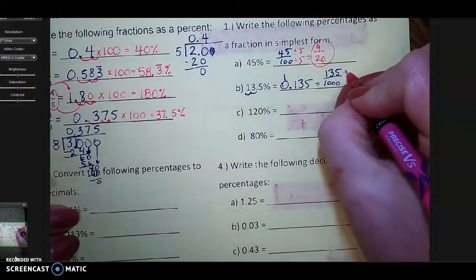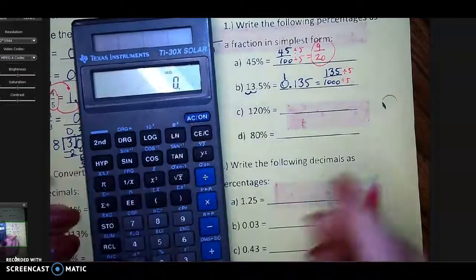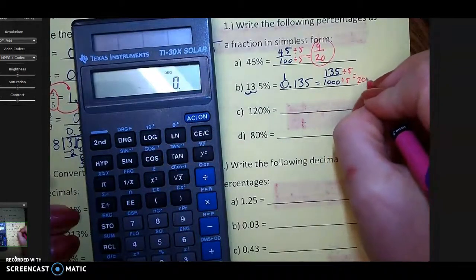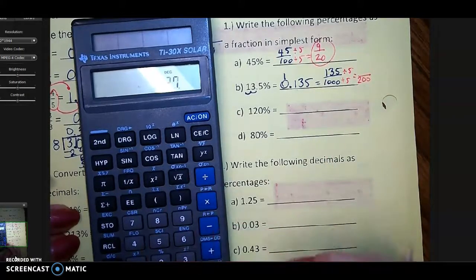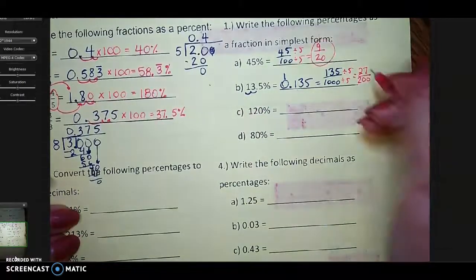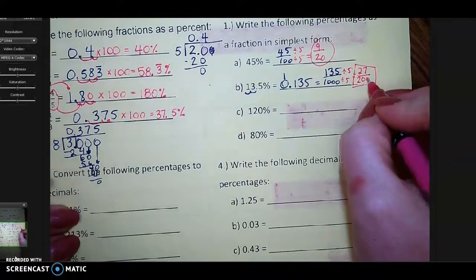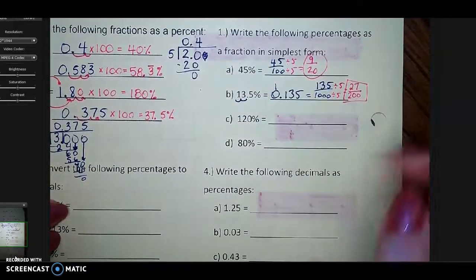So if I reduce these both, I can divide those both by 5. And 1,000 divided by 5 is 200. And 135 divided by 5 is 27. And so right there, I'm going to stop because I cannot reduce. I can't divide 200 by 9 or by 3 or by 27, so I'm just done there.